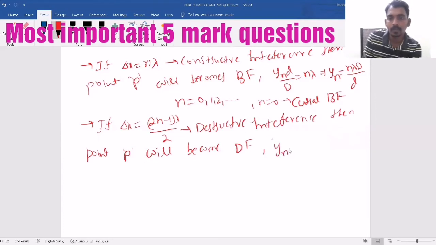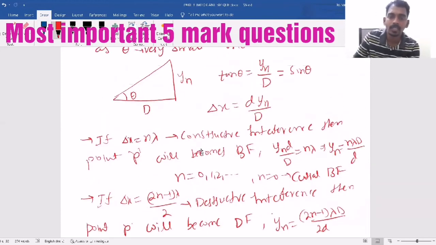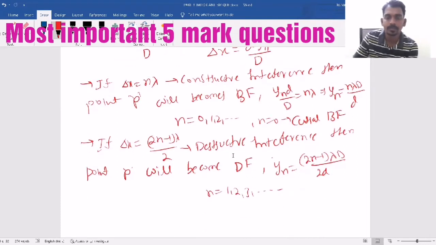Then yn will become (2n minus 1) lambda D by 2d, where n values start from 1, 2, 3, and so on. So this is how you have to understand how the bright and dark fringes form, what the path difference is at any point for the light waves coming from S1 and S2, and what the condition is for that point to be a bright or dark fringe.